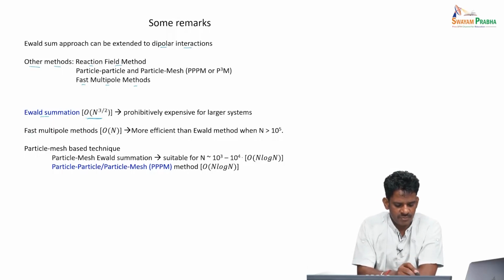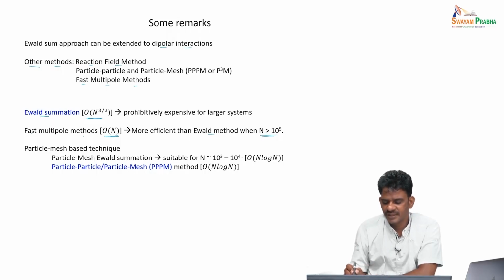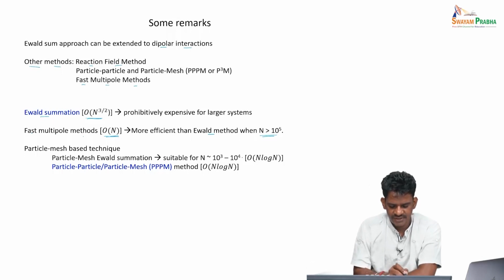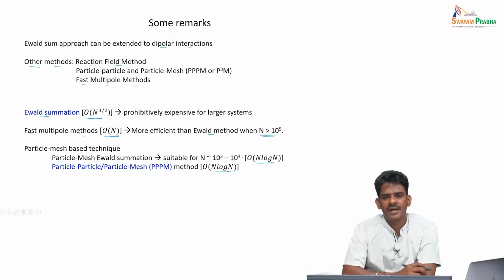Whereas, if you look at the fast multipole methods, their calculation is of the order of N, so it is much more efficient than Ewald summation whenever the particle number or the system size goes above 1 lakh or more. Whereas, the particle mesh based methods such as the particle mesh method or particle mesh Ewald summation are typically of the order of N ln N, and so for larger system size you could choose either this P3M method or the fast multipole methods.